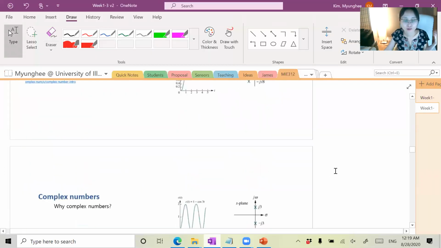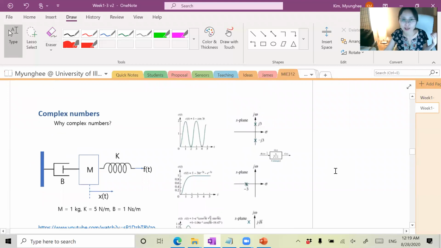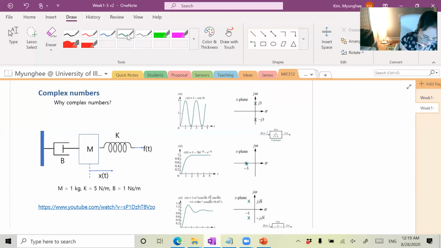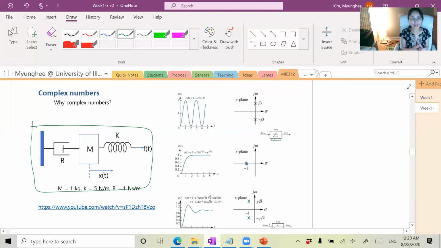Okay, so for our case, why do we use complex number in the beginning? It's because there's a reason that I included this mass spring damper system. It's much easier to describe the system behavior if we use complex numbers.